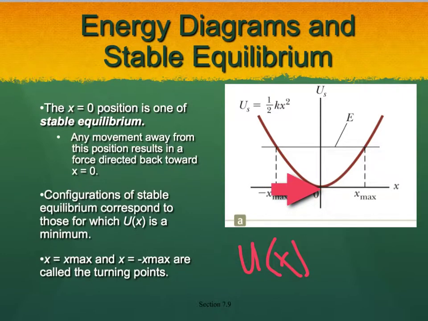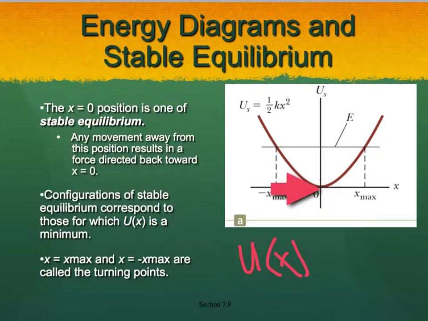Let's say that some external force stretches the spring from equilibrium, maybe to x max. Then x is a positive value, but the force exerted by the spring is a negative value, so it accelerates the mass back towards the equilibrium position of x equals 0.